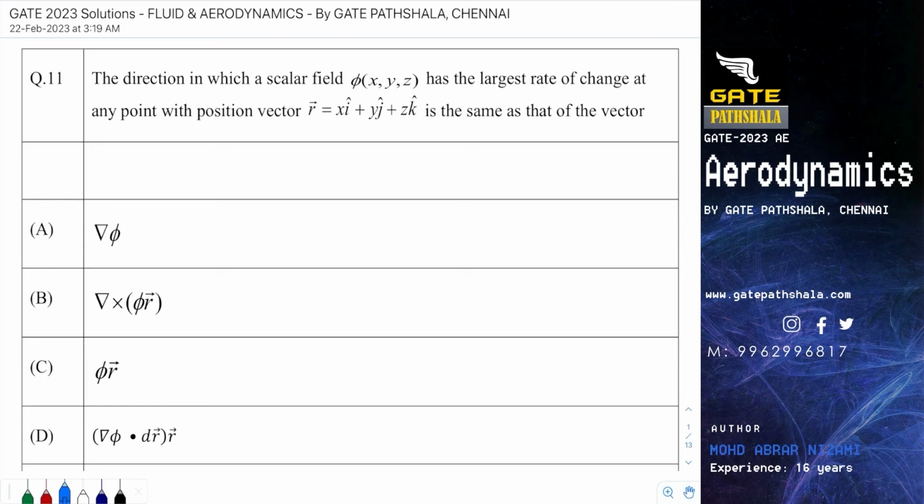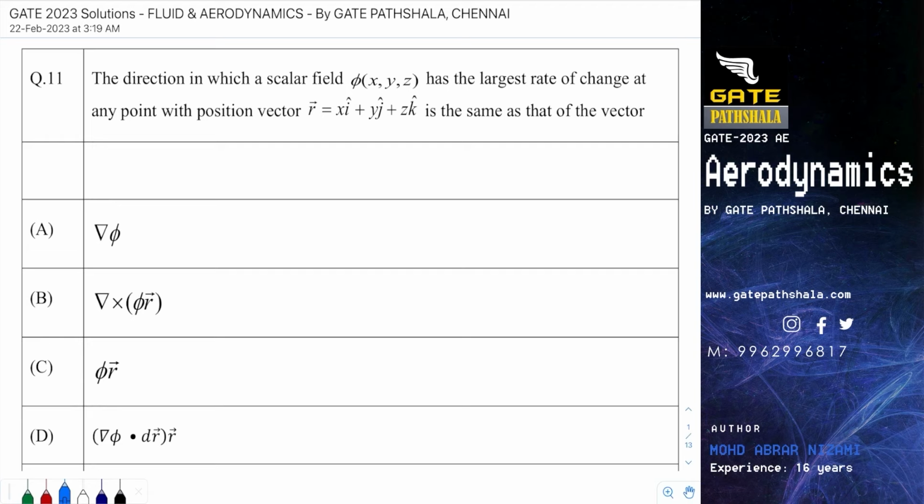So the very first question from aerodynamics came as question number 11, which says the direction in which a scalar field phi has the largest rate of change at any point with position vector r bar is the same as that of the vector.